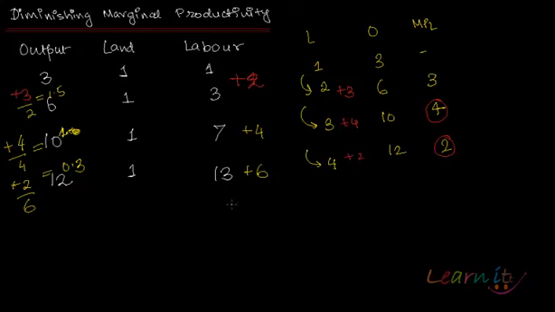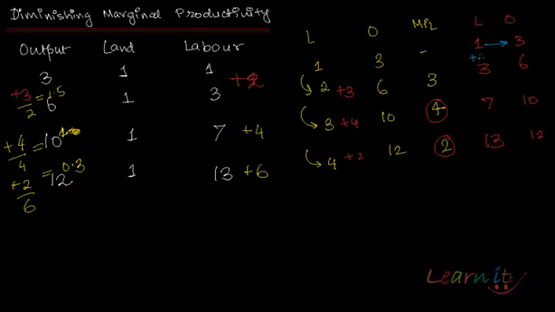But here, let me write it again for you guys. Labor is not being added by just one unit. Say labor is like this: 1, 3, 7, and 13, and output is 3, 6, 10, and 12. So 1 unit of labor is giving you 3 units of output.